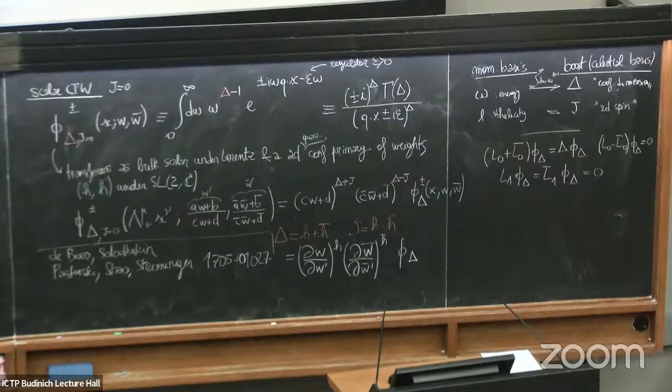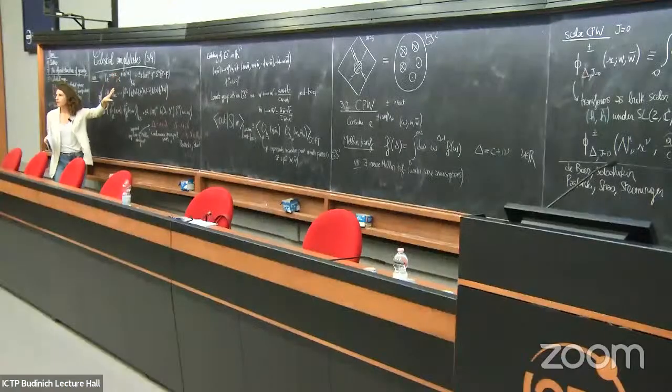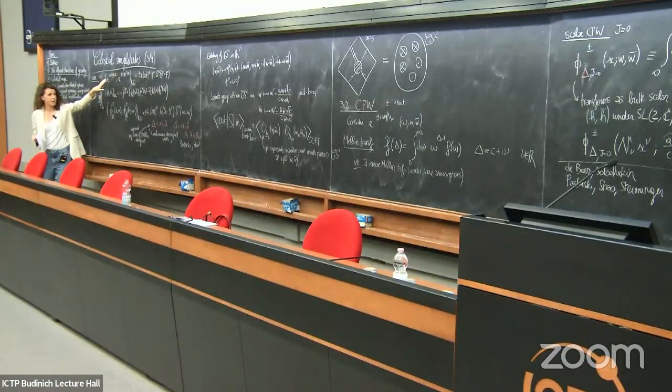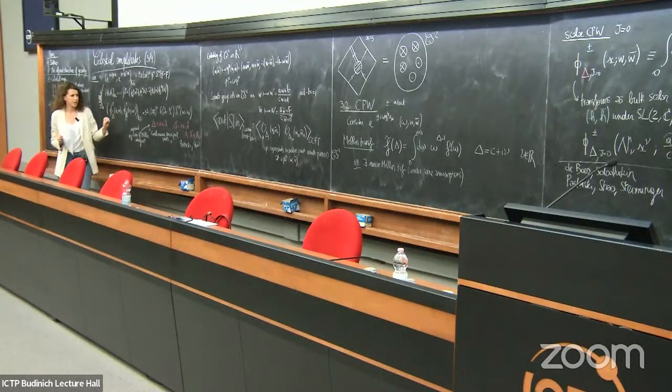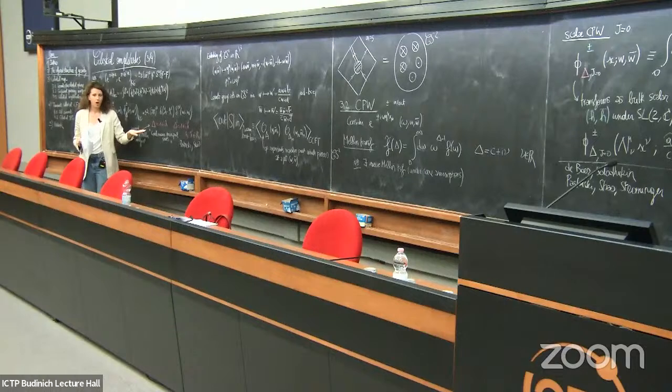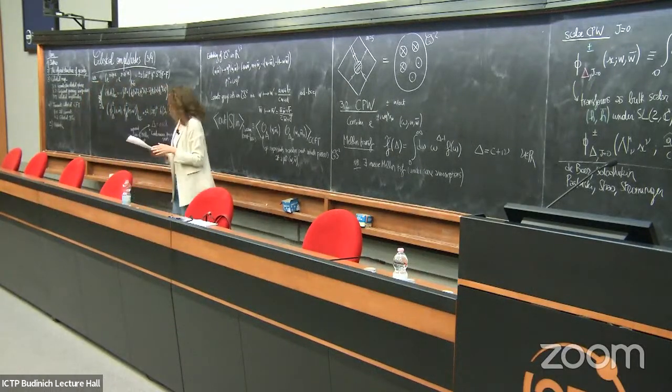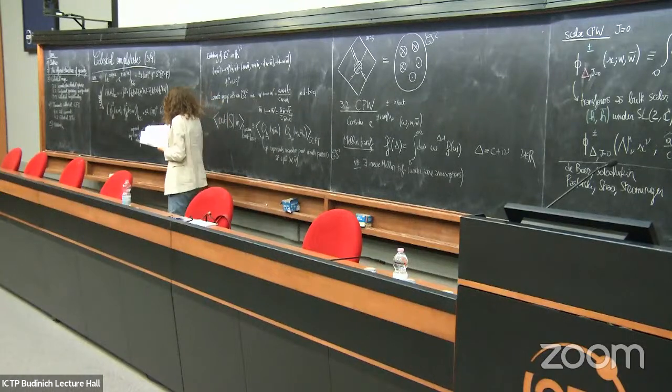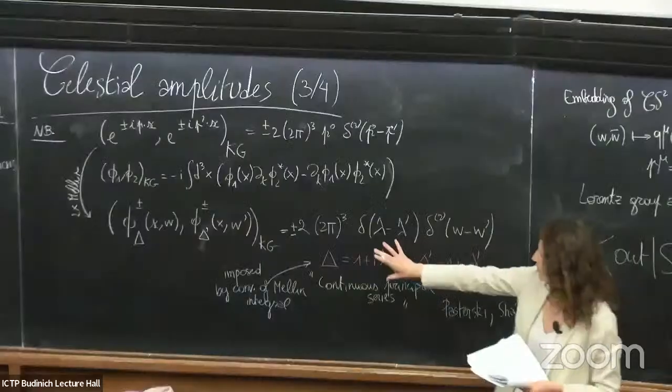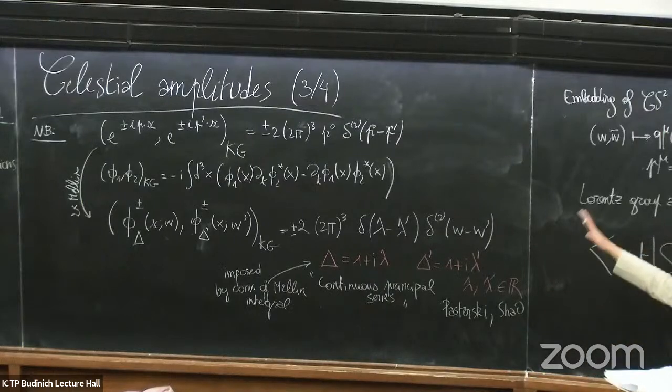So basically, this statement about the delta function normalizability of the plane waves is translated into the Mellin basis as some restriction on the conformal dimension to lie on the principal series. So I will come back to that because there are a lot of subtleties about this spectrum.